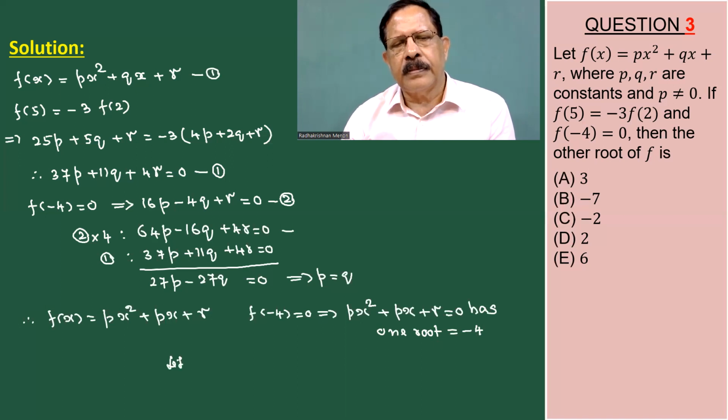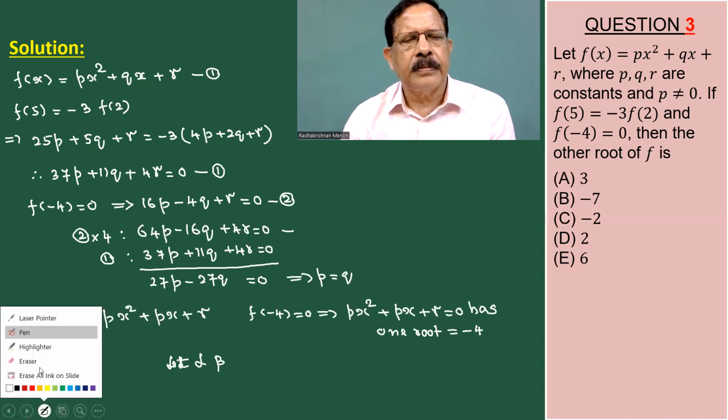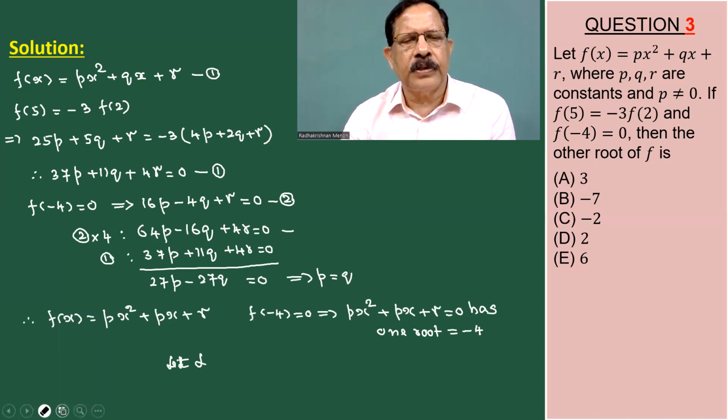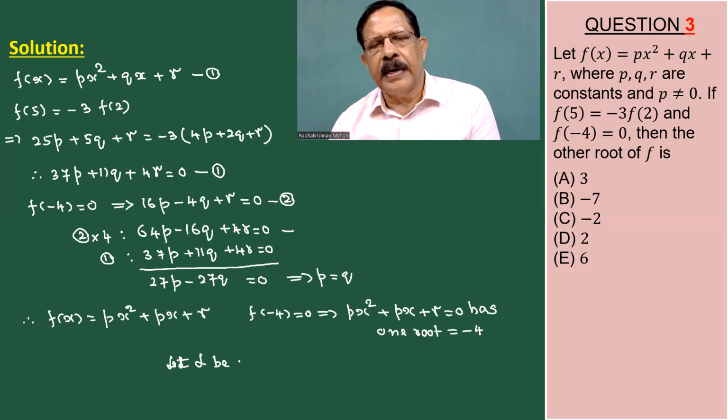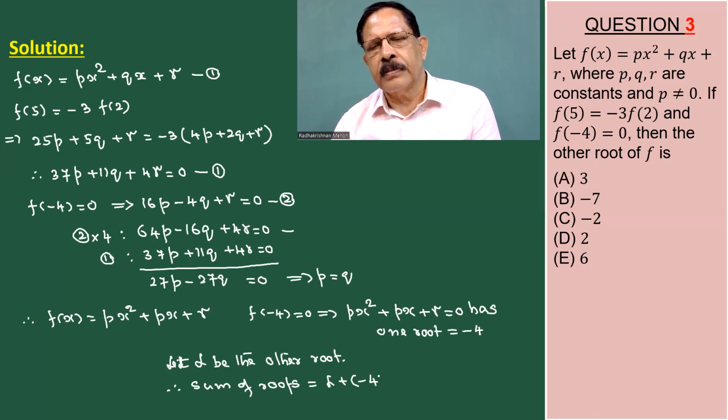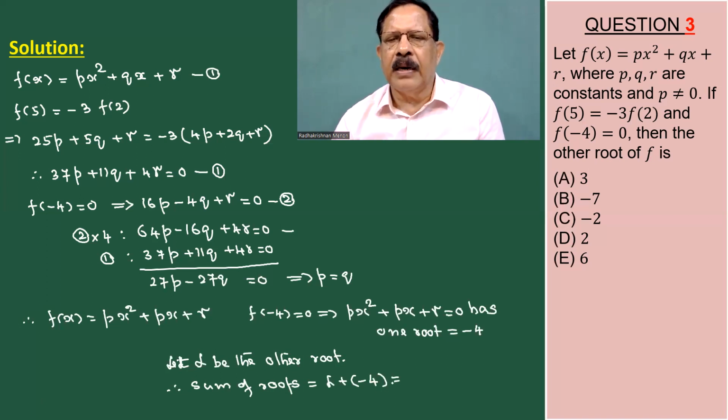Let alpha be the other. Therefore, sum of roots is equal to alpha plus -4 is equal to, what is the formula?